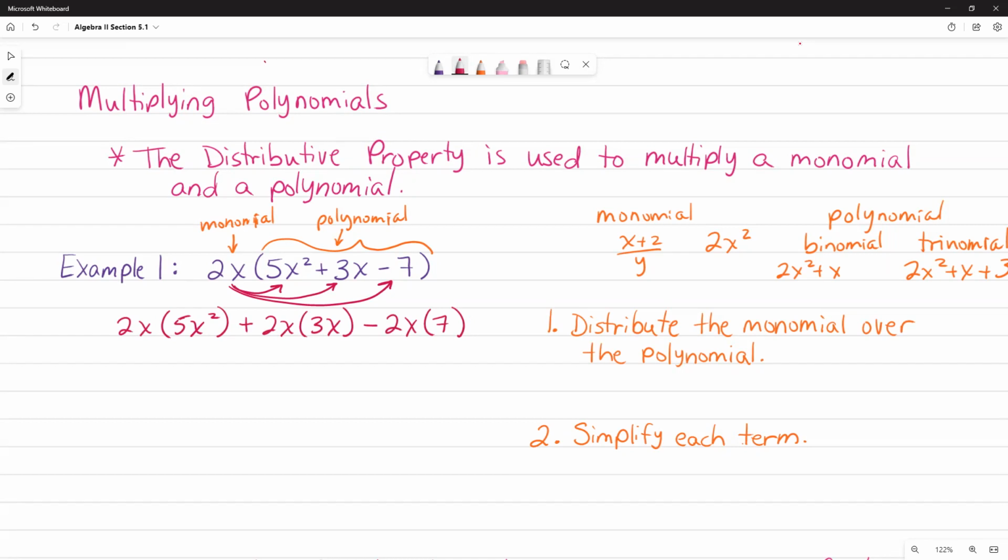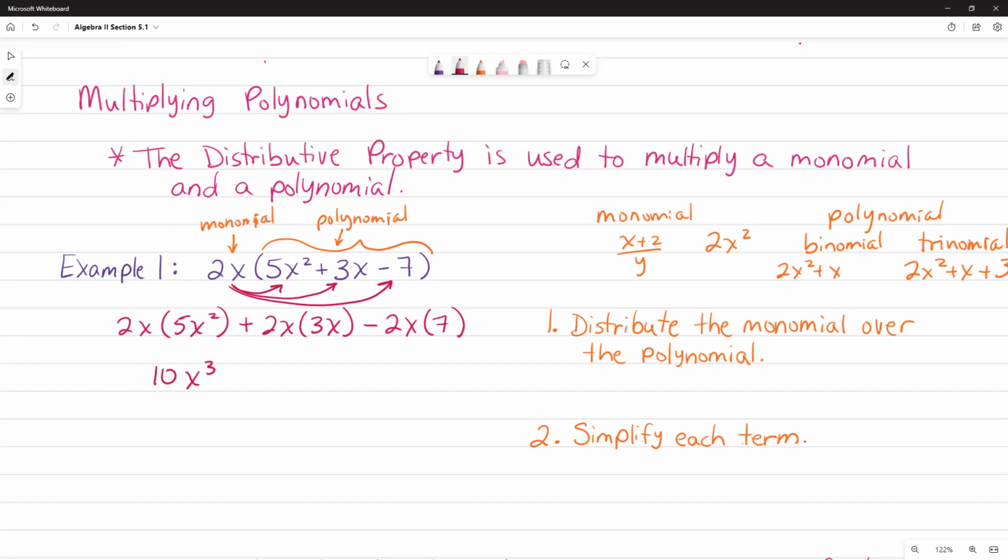And so now all we do is combine each of those. What's 2x times 5x squared? 10x. What do we do when we multiply exponents? We add them. You're just adding one more x to x squared, so it makes it x cubed, right? The 2 times the 5 is 10. The x times the x squared becomes x cubed.